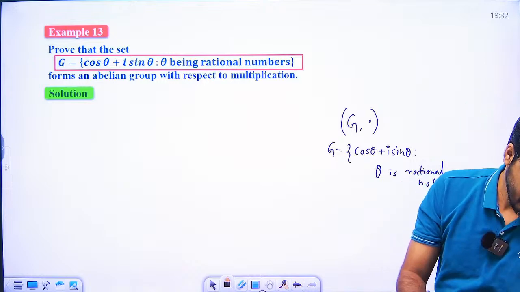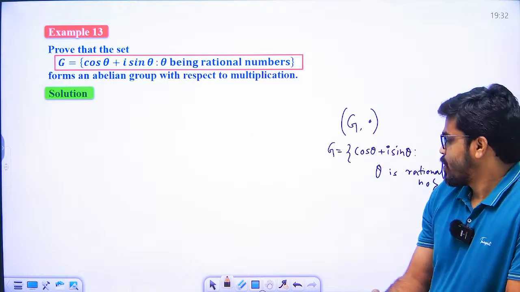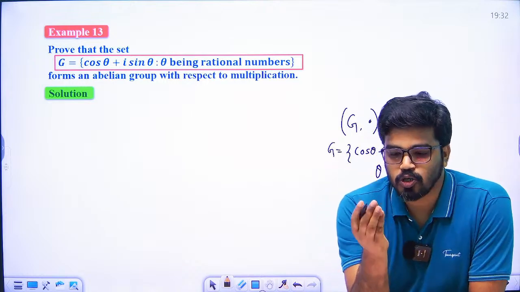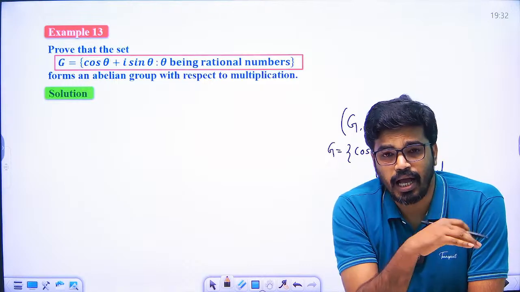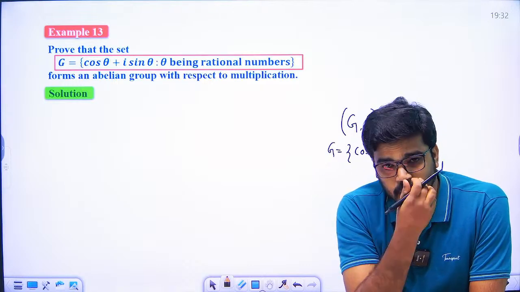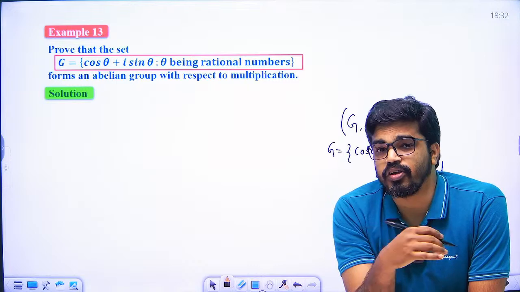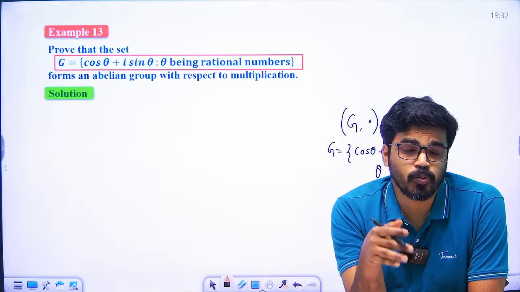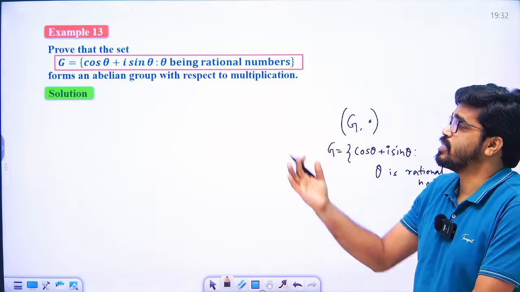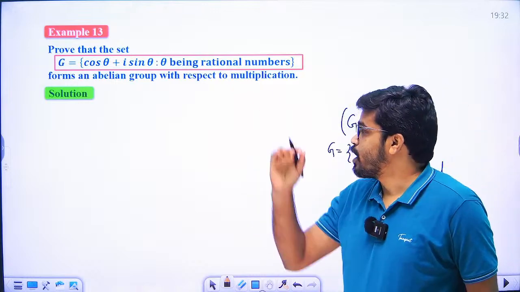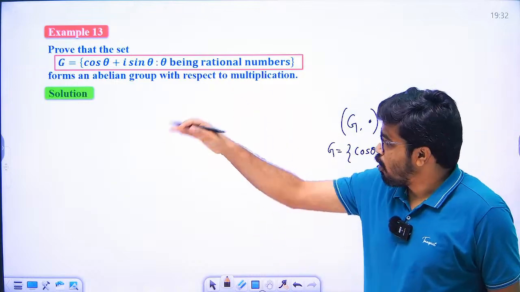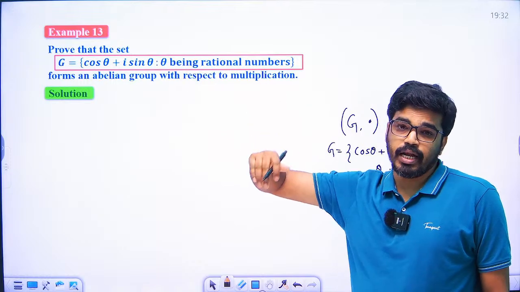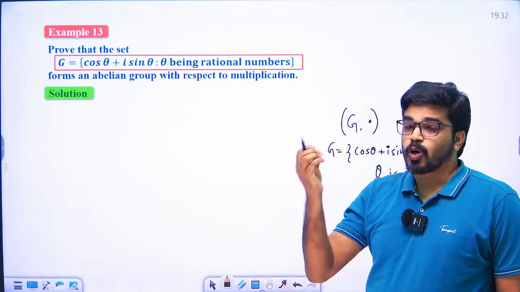So we have to show first of all closure property, associative property, existence of identity, existence of inverse. If these four properties are satisfied, then we say that G is a group with respect to multiplication. And also we have to show that this is an abelian group, that is, we have to show commutativity.